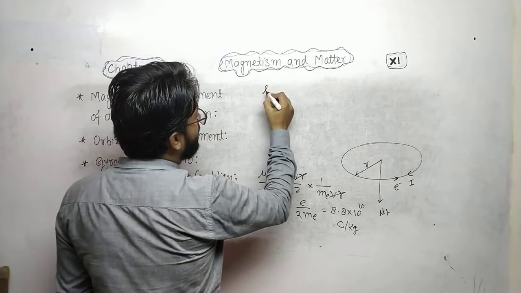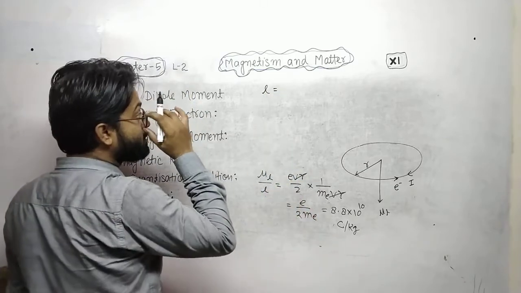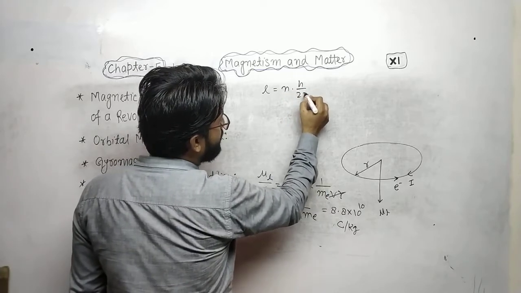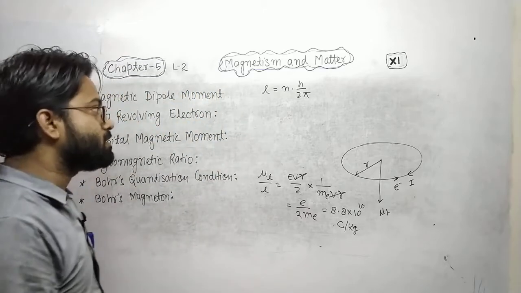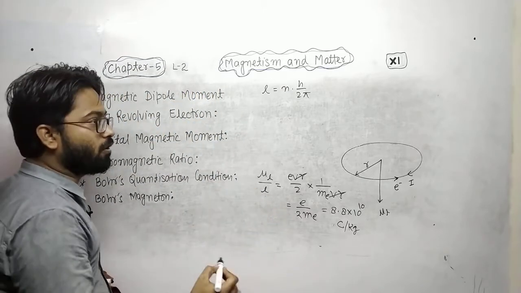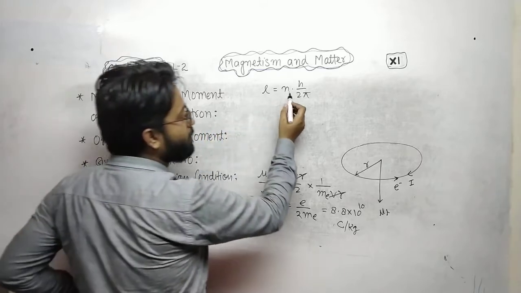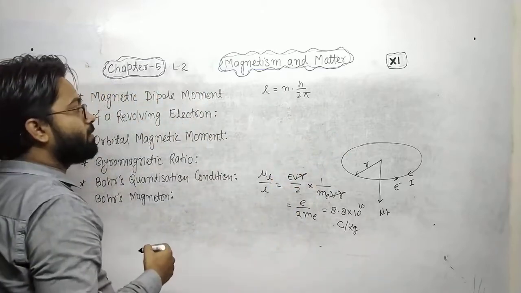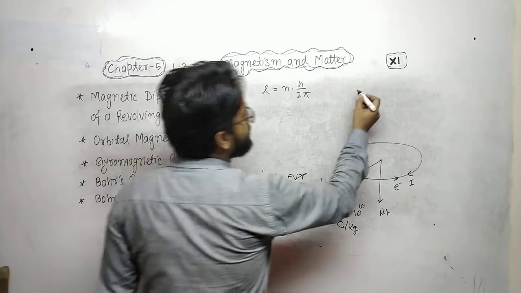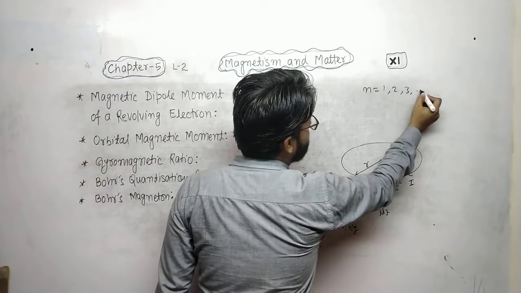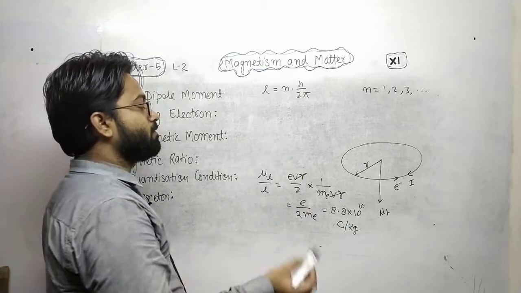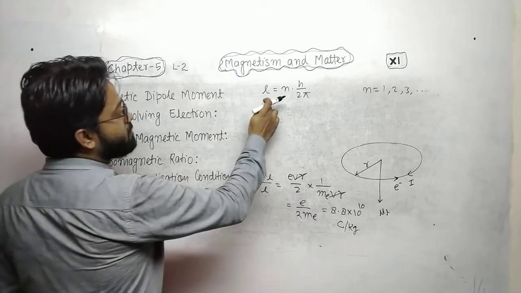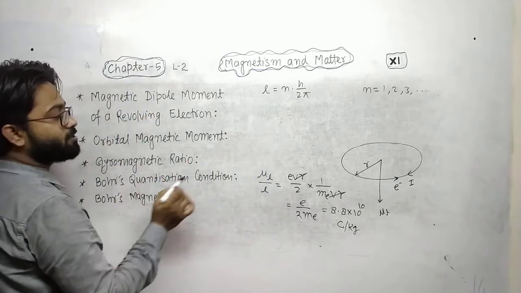According to this, the angular momentum of any orbit is equal to n h upon 2 pi, where n is the principal quantum number, meaning the number of orbit. n is equal to 1, 2, 3 and so on: for 1 first orbit, for 2 second orbit. This is Bohr's quantization condition.